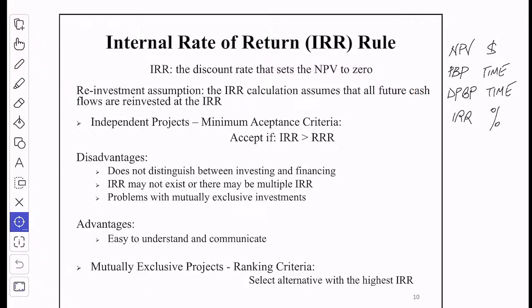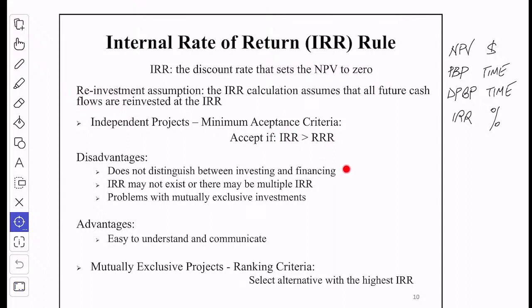So you're imagining that this applies to future investments for this capital. Now, if you evaluate independent projects, so you're just determining if you should accept or reject a project, you're just checking to see that your return on investment, your IRR, is greater than your required return.